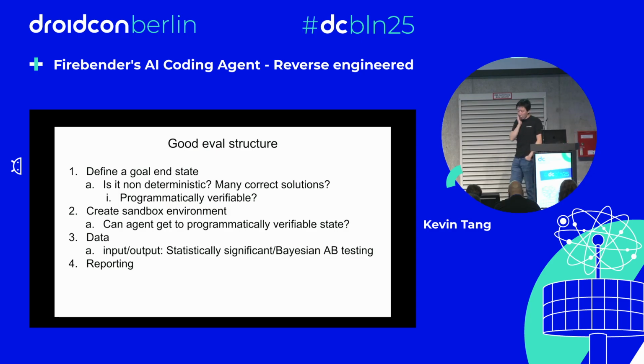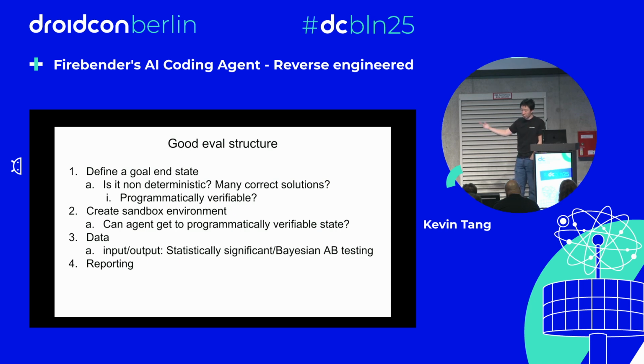The other questions, 2, 3, and 4, are pretty general. Let's say that now the end state is programmatically verifiable. Can we also create a sandbox environment where the agent can get to a verifiable state? So this means, can we run in a cloud VM, run it on a loop, and scale that massively in parallel? The other thing is, is there a way to get sufficient input and output data from public training data, online repositories, maybe even our own internal training data to actually create a statistically significant result?